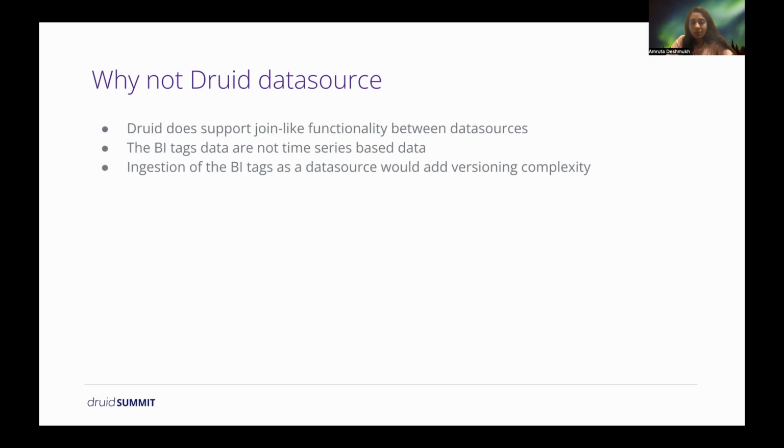So another alternative that we also thought of was to replace the whole data store with the new tags as soon as they are uploaded. Every time someone uploads a new set of latest tags, we just delete the entire data source and regenerate it to get the join functionality that we needed.